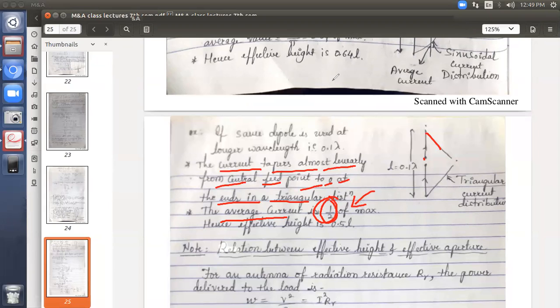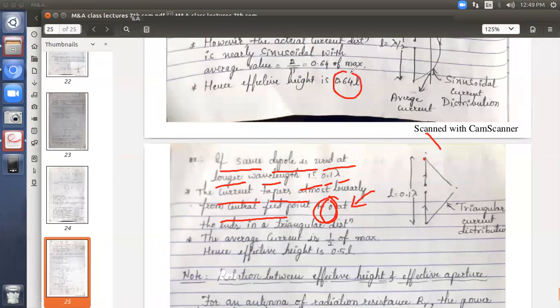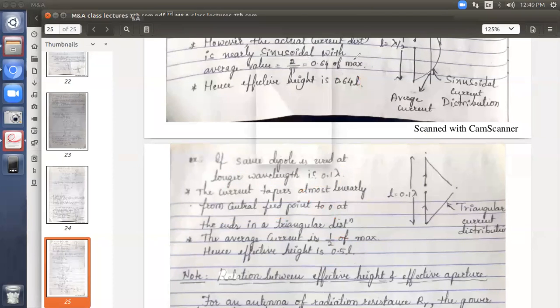Earlier it was 0.64 times the maximum. Because of this, in the earlier case effective height was 0.64 times L. In this case it is 0.5 times L, half. Okay. Even though length is 4, the effective height will be 2, the useful part. Okay. This is about the effective height.